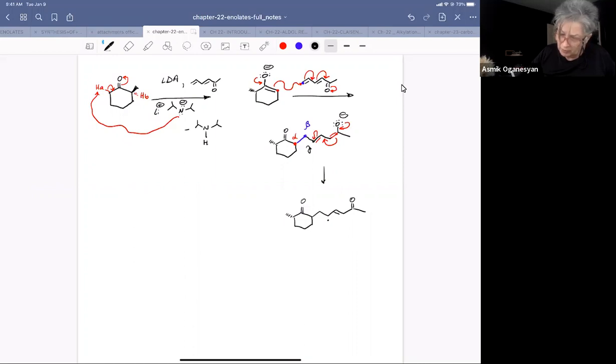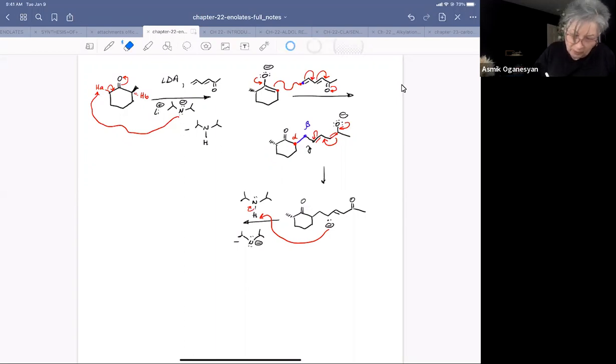What did I do? Did I skip a carbon? No, I did not. And the last step is going to be abstracting the proton, and our base just got the proton, so we can easily give it back. And form the product.